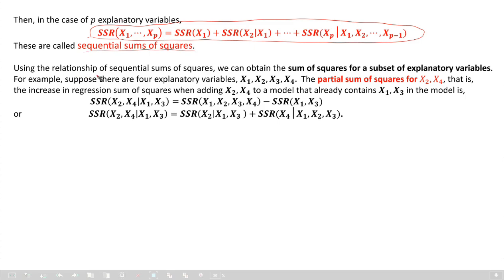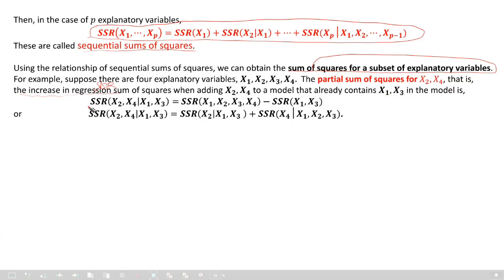Using this relationship of sequential sum of squares, we can obtain the sum of squares of a subset of explanatory variables. For example, suppose there are 4 explanatory variables x1, x2, x3, x4. The partial sum of squares for x2 and x4 is the increase in regression sum of squares, SSR, when adding x2 and x4 to a model that already contains x1 and x3. Understand that?